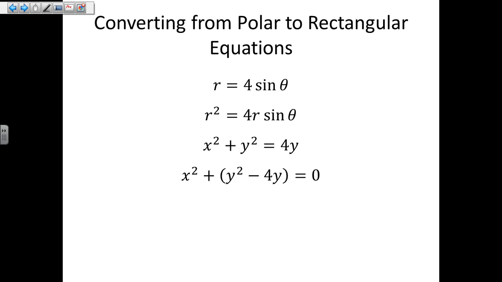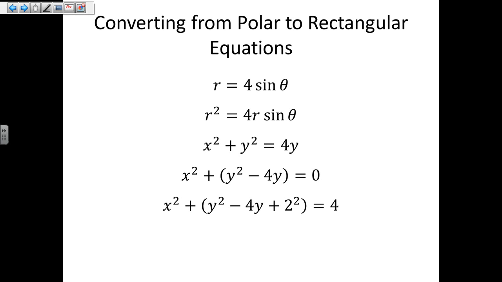So I'll move the 4y over. And notice that I've grouped the y squared and the 4y. The reason I've grouped it is I'm going to complete the square on that binomial in order to make it look like it's in standard form for a circle. So I complete the square by adding half of the 4 squared.